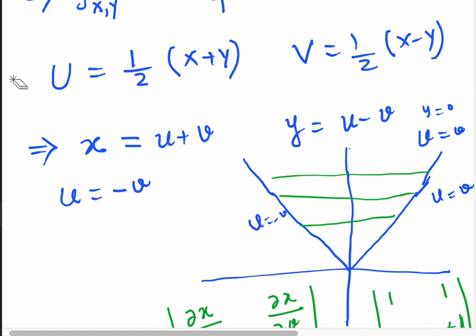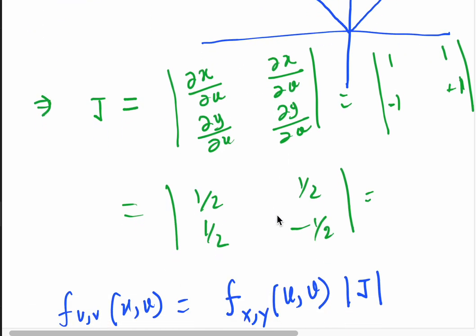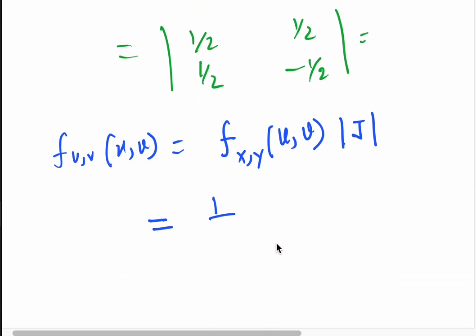So let me write it this way: this is v and this is u. Then I think everything is correct. x is u plus v, y is v minus u. Yeah, that's why I was not getting it right. Then this will be simply half e to the power minus v.